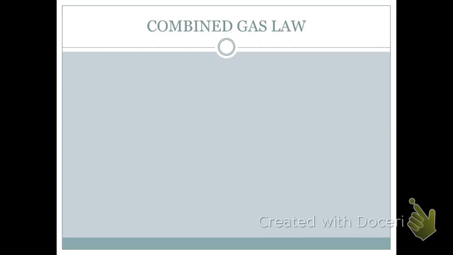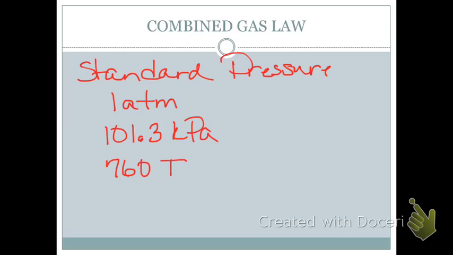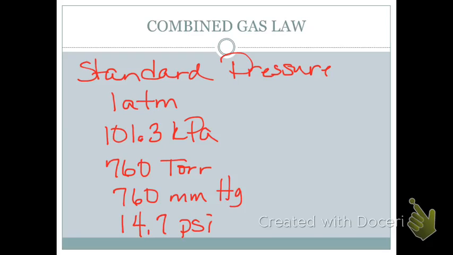And remember that our standard pressure at standard temperature and pressure is 1 atmosphere, or 101.3 kilopascals, or 760 torr, or 760 millimeters of mercury, or 14.7 psi.